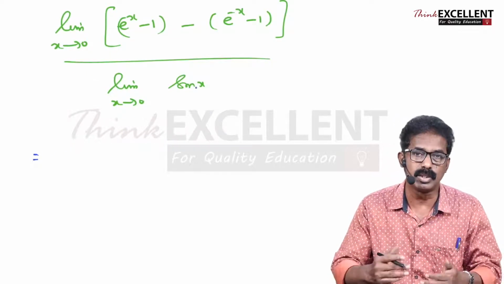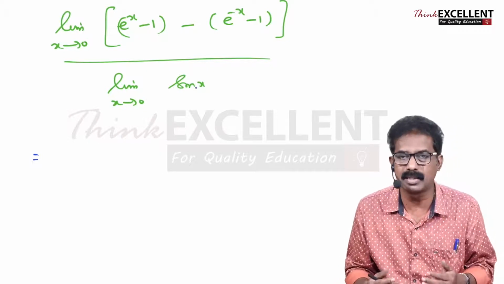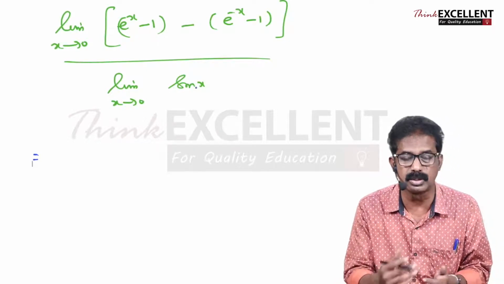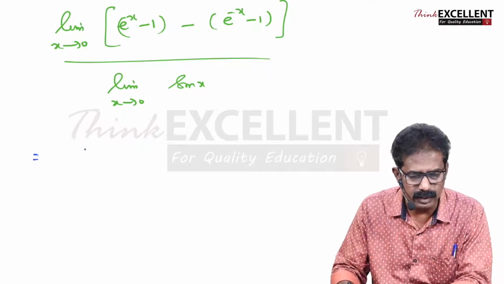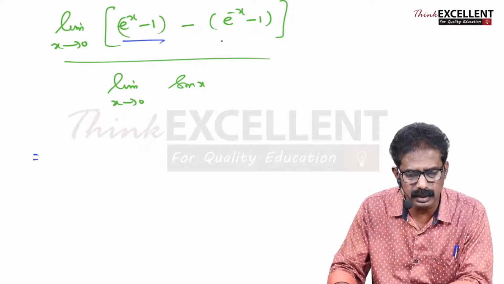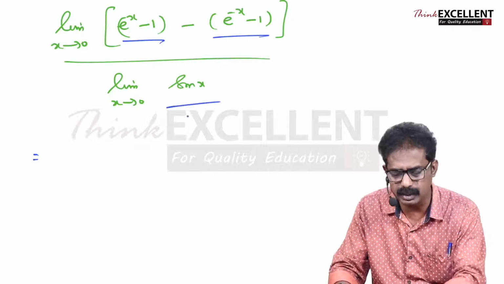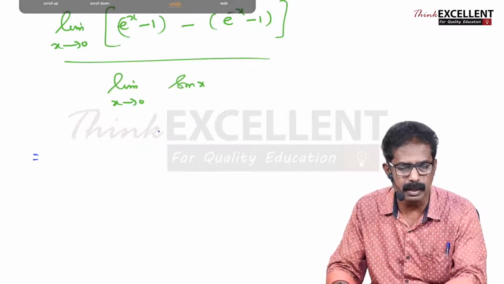So you can understand the reason. Limit theta tends to 0, sin theta by theta is 1, right? Limit x tends to 0, e raised to x minus 1 by x, it is 1. So every term you divide by x. Here you divide by x, here divide by x, the denominator you divide by x, and the numerator you split into 2.